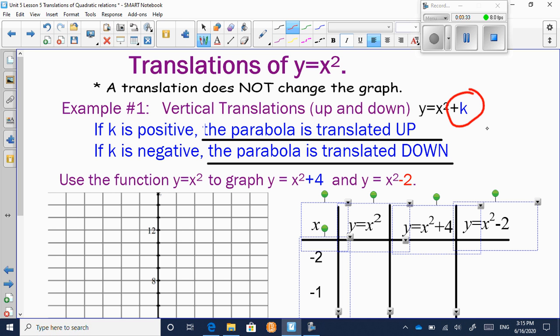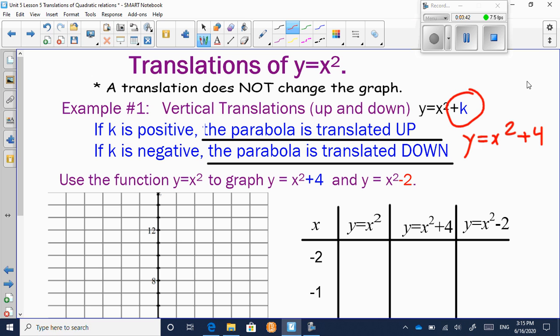So if you had y is equal to x squared, let's say +4, that's the first one we're going to play with today. If k is positive, so if it's +4, the parabola is moved up. And if k is negative, the parabola is moved down. It doesn't flip, it just gets moved down.